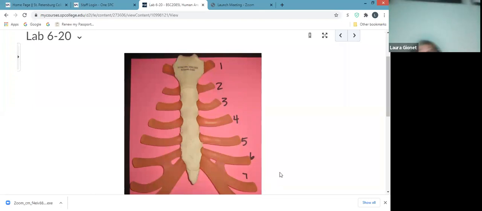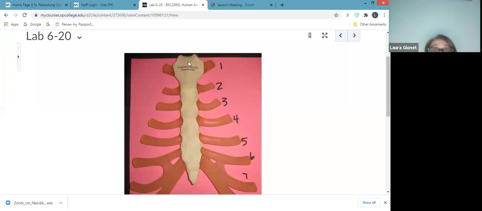Now, the way I would ask you is I would have a picture of a whole skeleton or a whole thoracic cavity where you can count from the top down, at least to rib 1, 2, 3, 4 or something. So you'd be like, oh, I've got to count 1, 2, 3. That's rib 3. It must be a true rib.